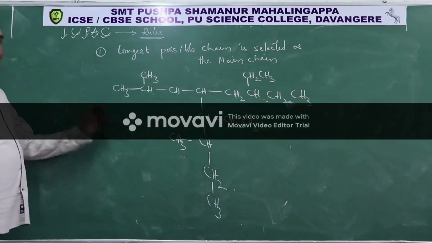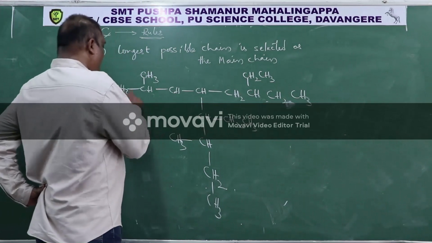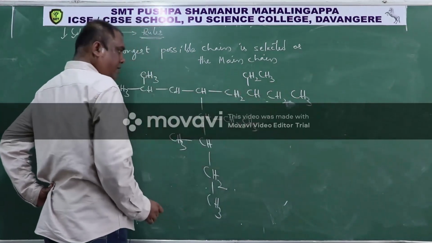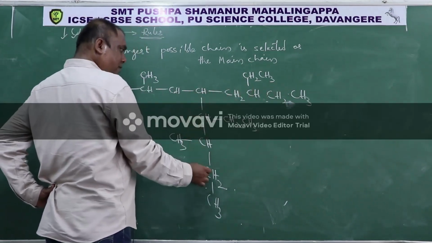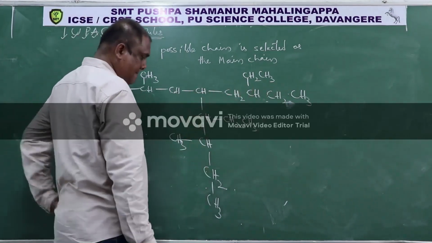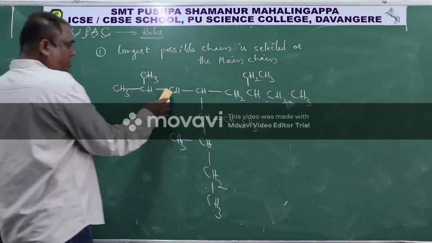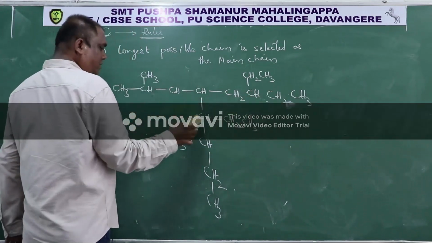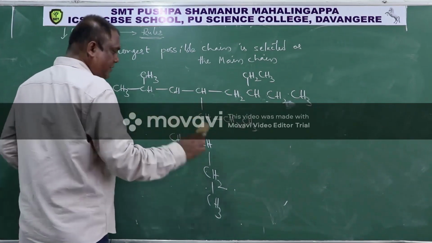Now this is the organic compound. See, if you count 1, 2, 3, 4, 5, 6, 7, 8, and again 1, 2, 3, 4, 5, 6, 7, 8, and 1, 2, 3, 4, 5, 6, 7 here, then 1, 2, 3, 4, 5, 6, 7, 8.